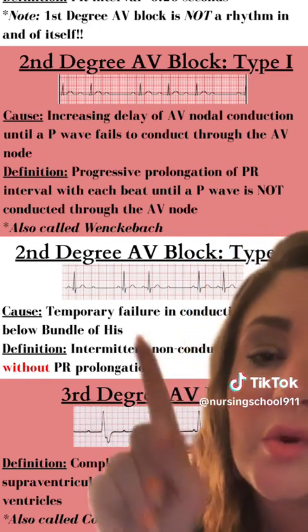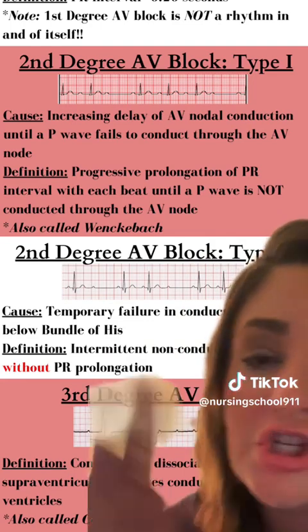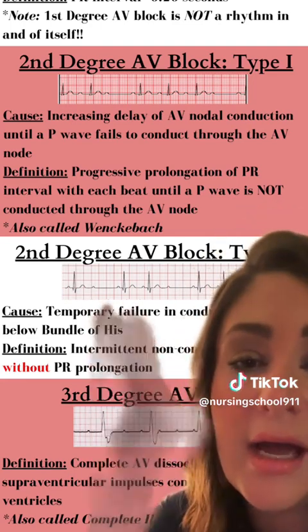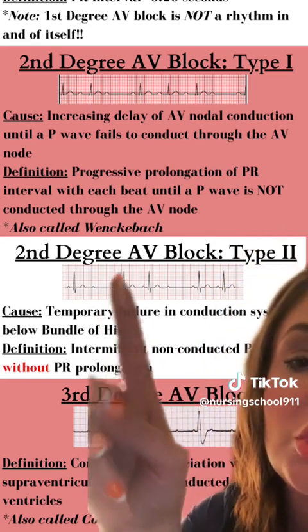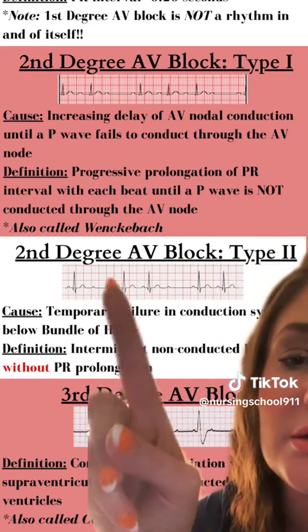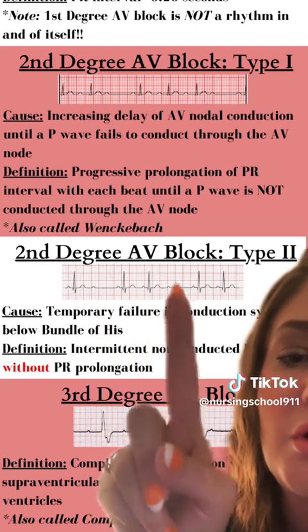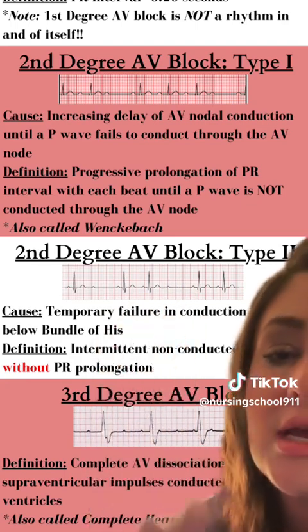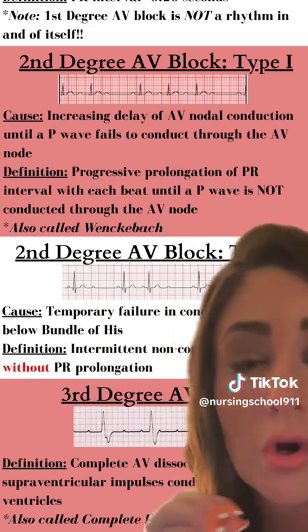Okay, so with a second degree AV block type 2, again, it's not winking at you. It's not warning you by the PR interval getting longer and longer and longer. You're just, boom, dropping a QRS complex here. PR interval is the same. PR interval is the same. Boom, we drop a QRS complex. So with a second degree type 2, we're getting more concerned.